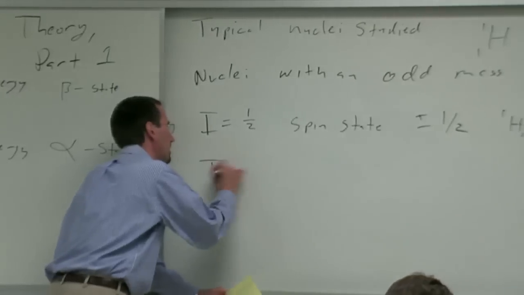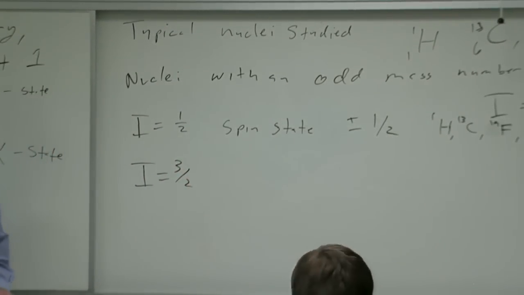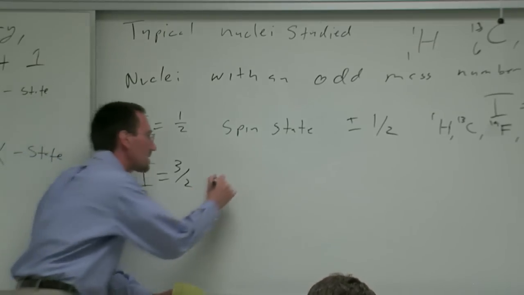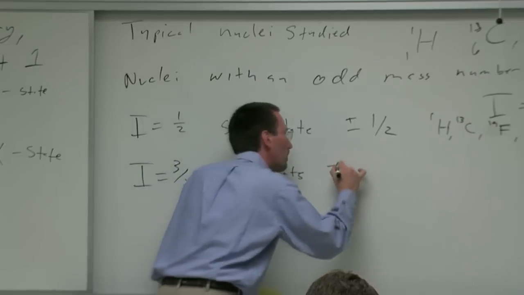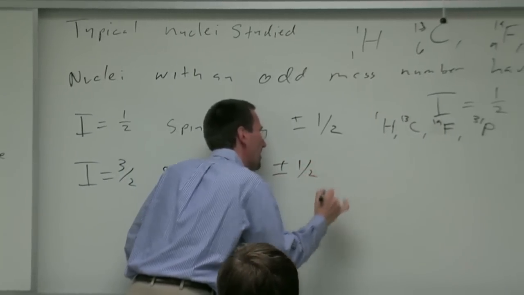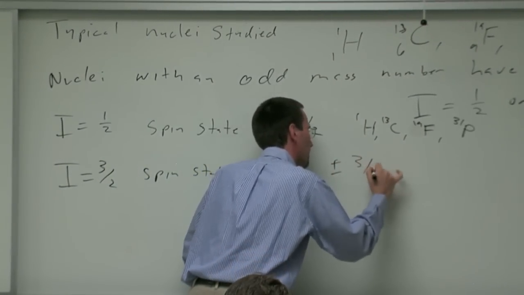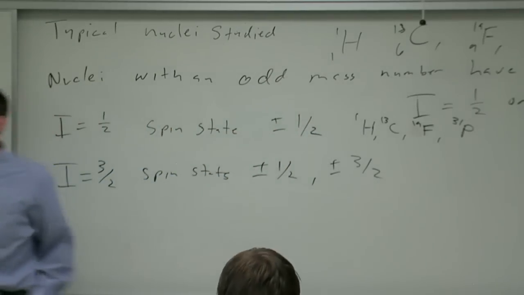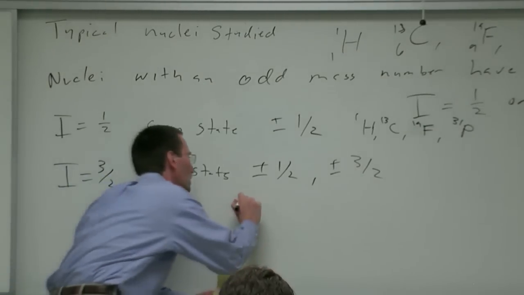Now, a nucleus with a spin number of 3/2 can have spin states of plus or minus 1/2 or plus or minus 3/2. And this is what you call a nuclear quadrupole.